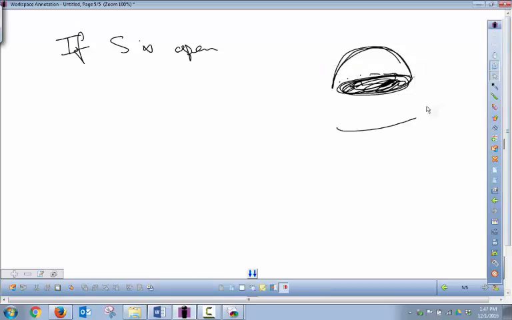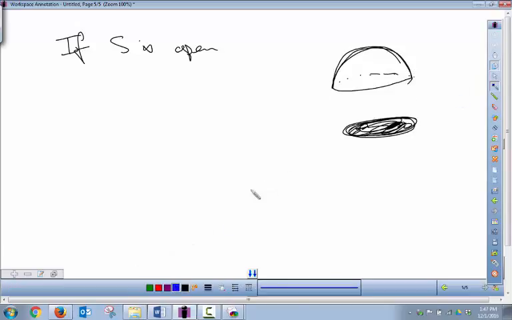So let's see. What do I mean by that? And how would that actually work? So suppose you have S, and you want to find the flux. Okay?